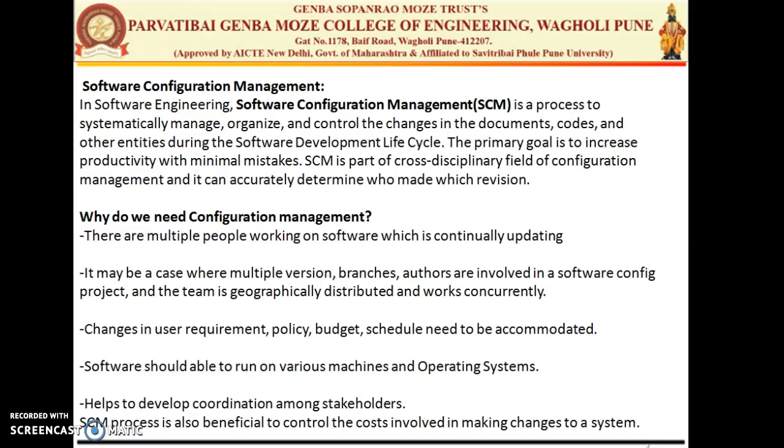So configuration management is nothing but managing the change in your documents and in the code that you are writing for your software, and different entities in your software development life cycle. The primary goal of software configuration management is to increase productivity with minimal mistakes. So you have to increase the productivity of your software product with the minimum mistakes.